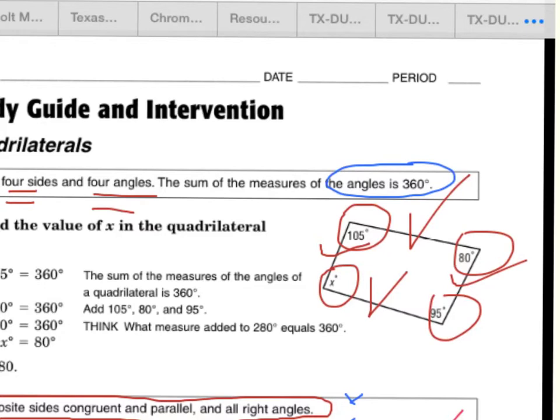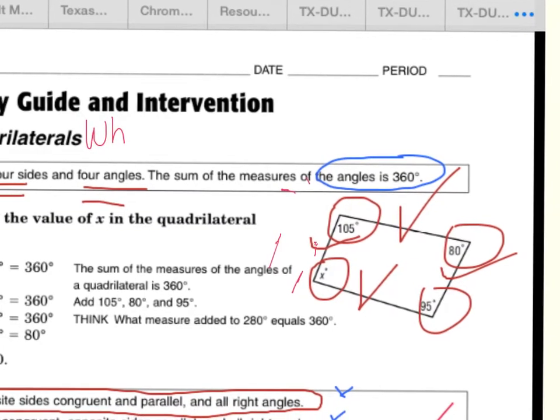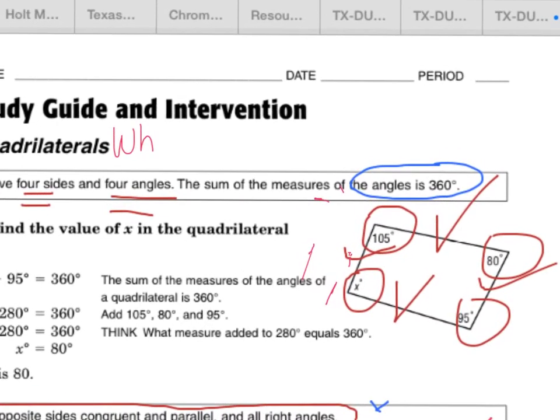What are the steps? This is for your summary.